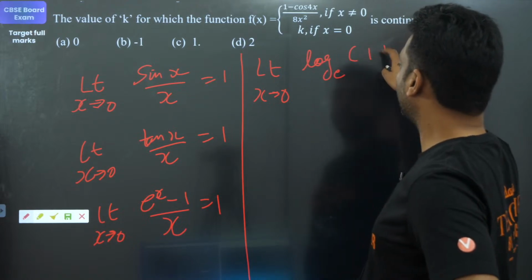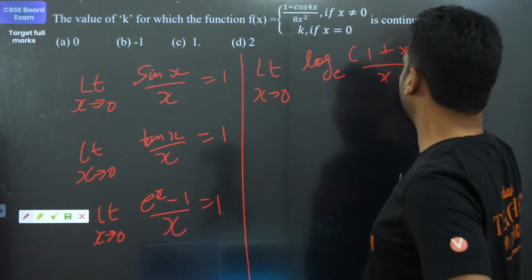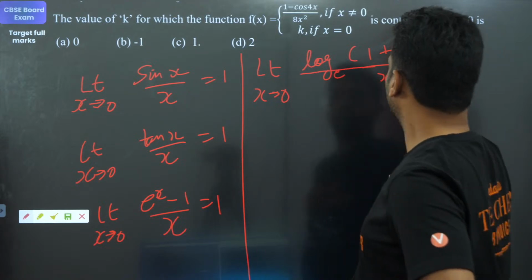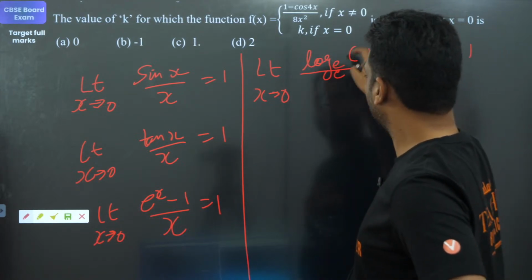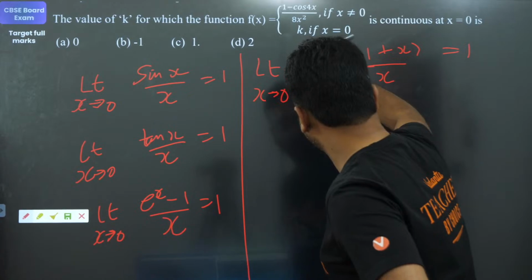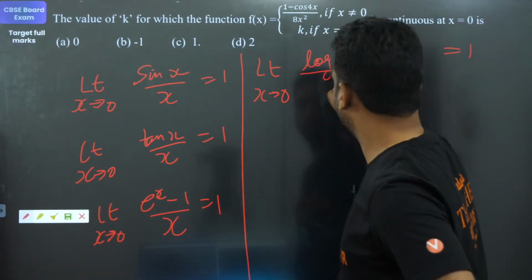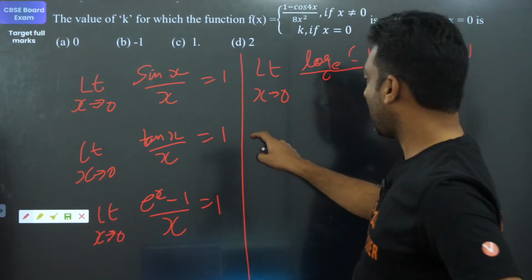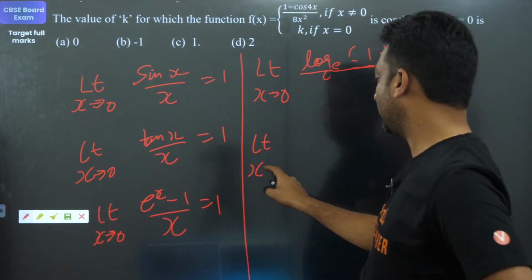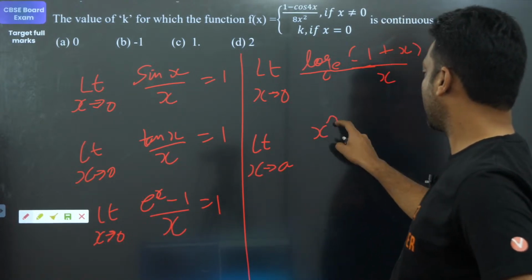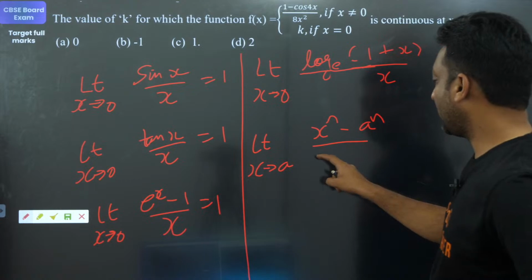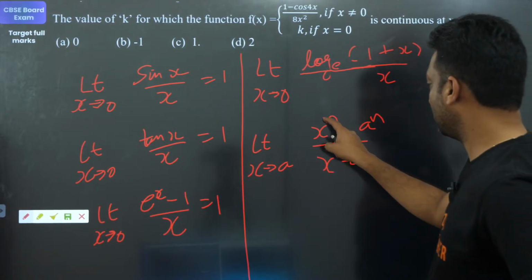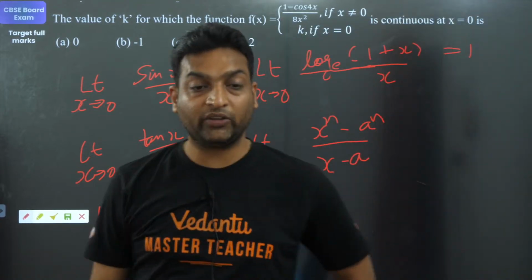Log of 1 plus x upon x is 1. And limit x tending to a. What is the answer here? Answer of last limit which I am telling you, come on.